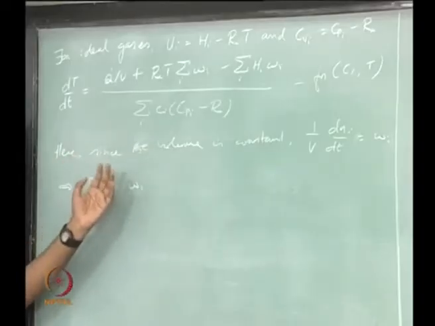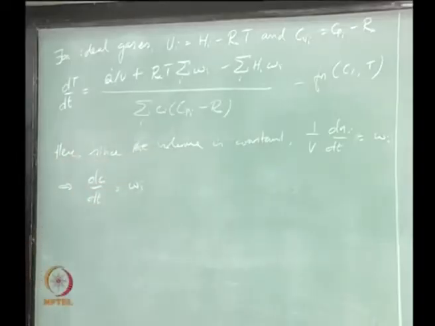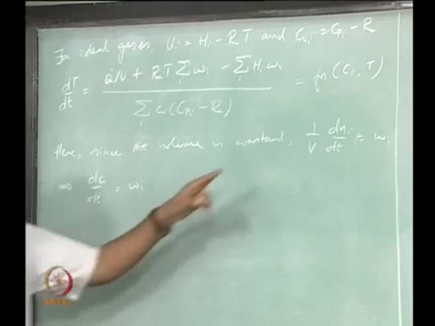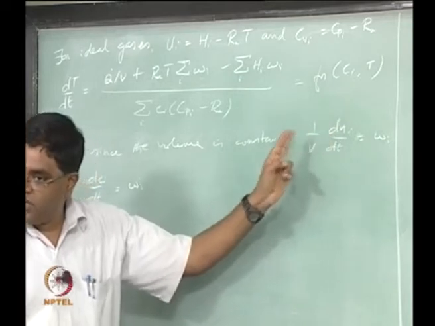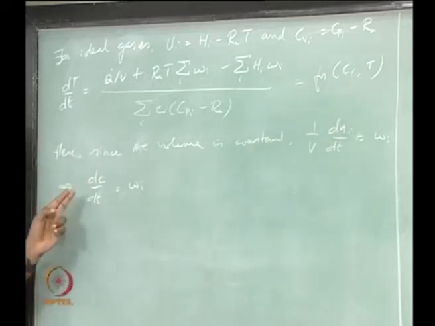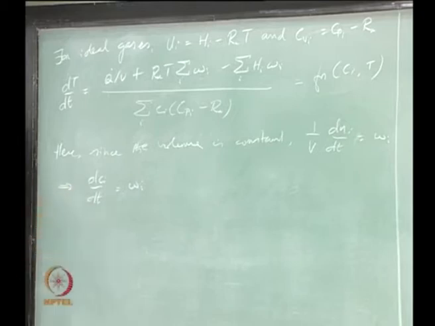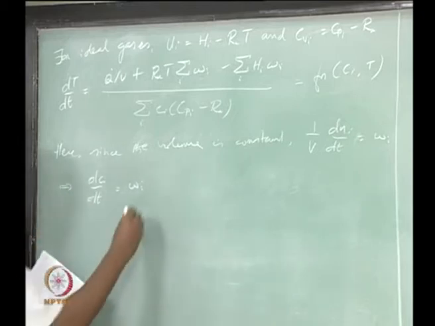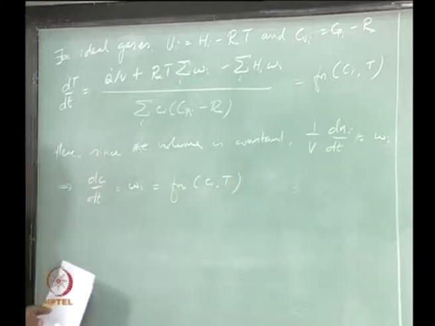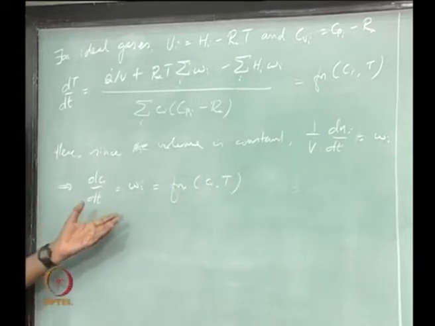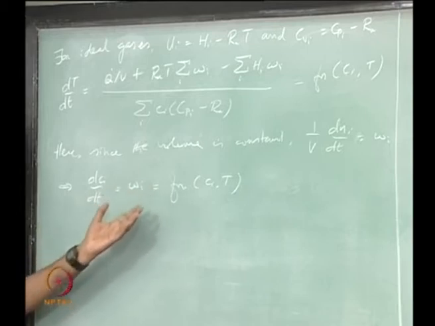So the concentration change is only due to the chemical reactions here, or in other words you could take the V directly within the derivative without any effect and get the concentration right there, and that is what we are looking for. We are looking for a time derivative of concentration as an ODE. So this is again a function of C_i and T. This is because of the chemical kinetic equations that we saw earlier on.